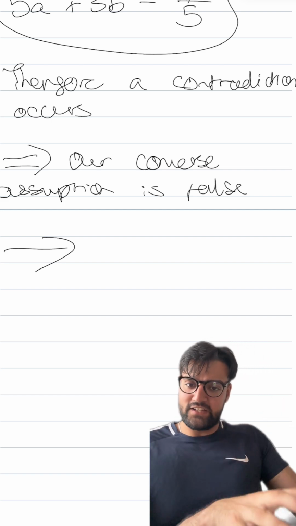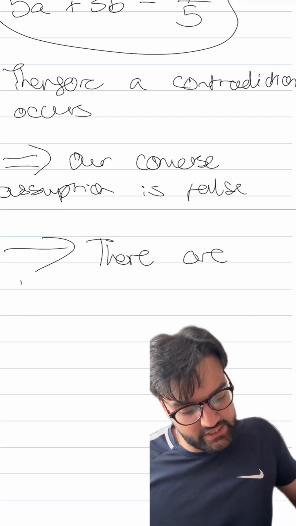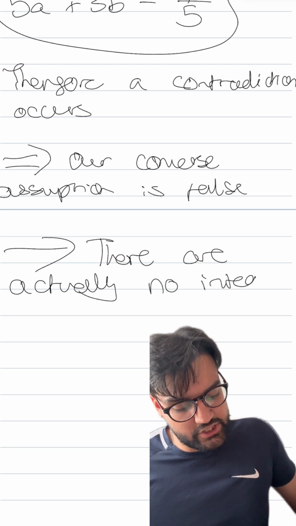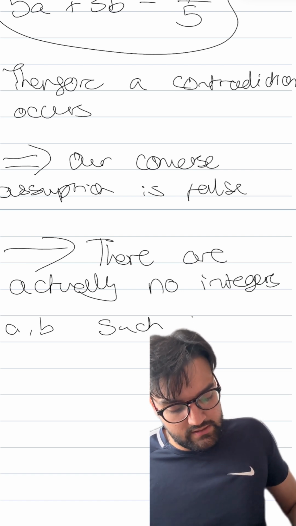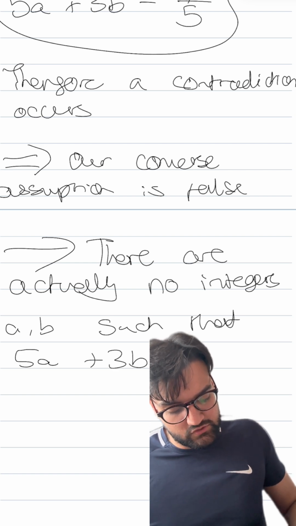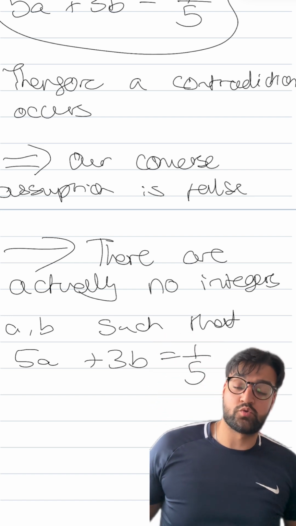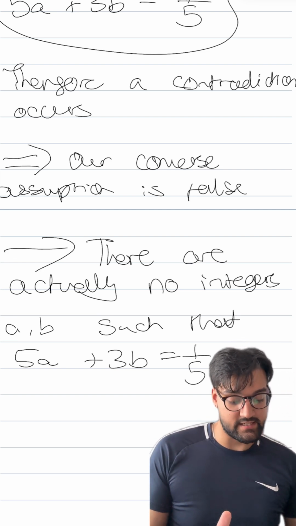So if that is false, that means there are actually no integers a and b such that 5a plus 3b is equal to a fifth. I know the initial problem was 25a plus 15b equals 1, but we can still formulate it like this.